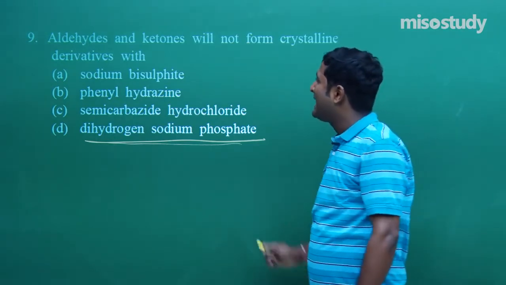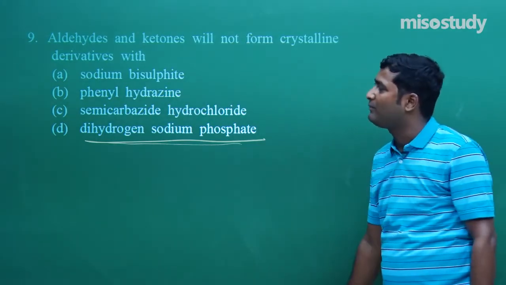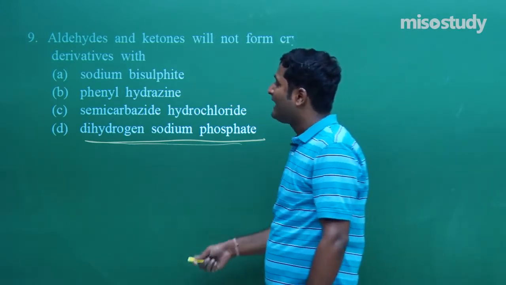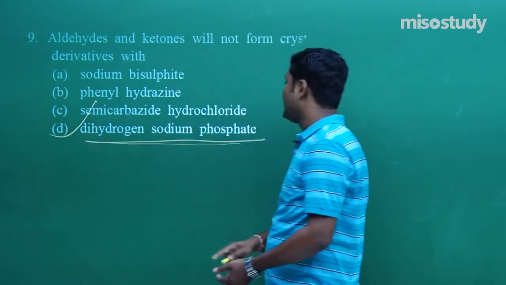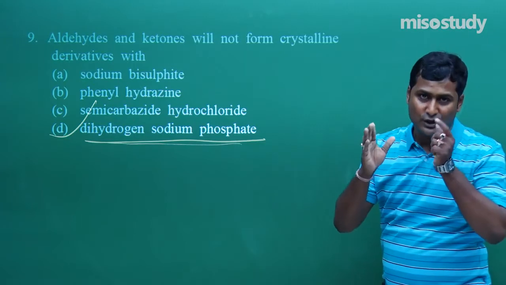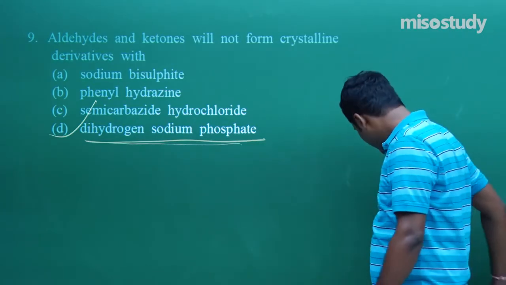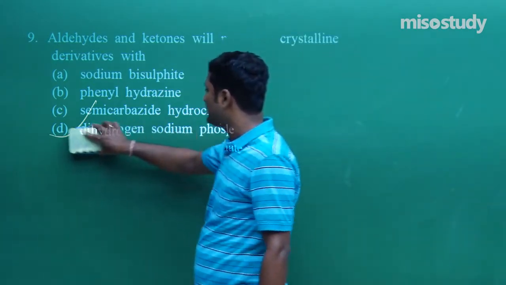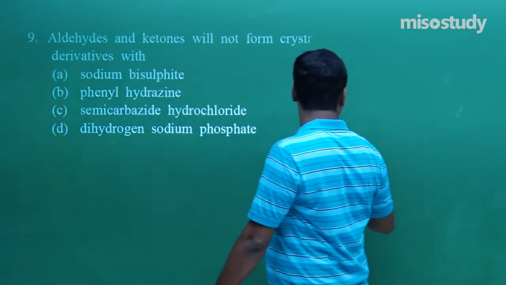So we can say aldehyde and ketone will not form crystalline derivatives with dihydrogen sodium phosphate. So for question number 9, D is the correct option. Now I'm going to rub this part and we'll discuss the next one.